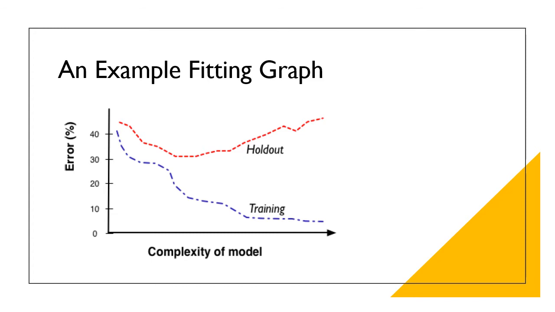When the model is not allowed to be complex enough, it is not very accurate. As the models get too complex, they look very accurate on the training data, but in fact are overfitting. The training accuracy diverges from the holdout or generalization accuracy. In short, there will be more overfitting as we allow the model to be more complex.